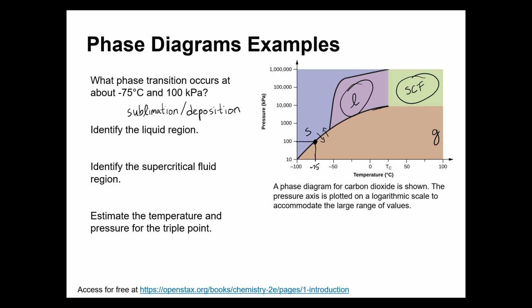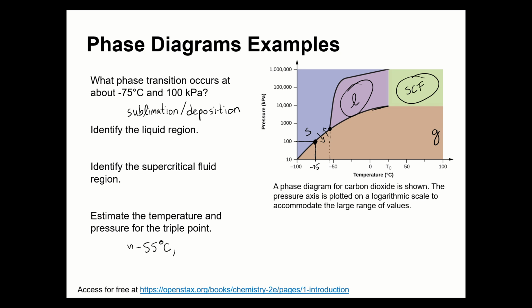Now estimate the temperature and pressure for the triple point. That's going to be right here. Tracing down, we should see that that's a little bit less than -50, so we may say that it's about -55 degrees Celsius.